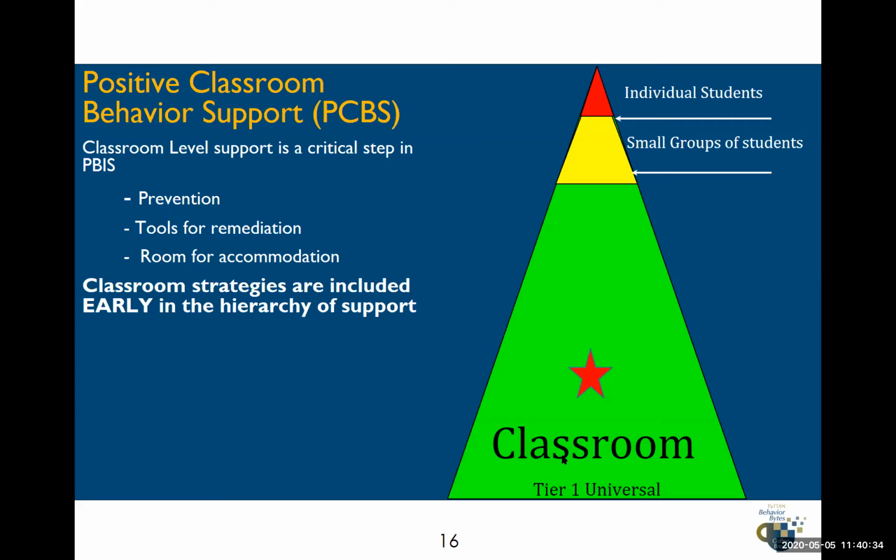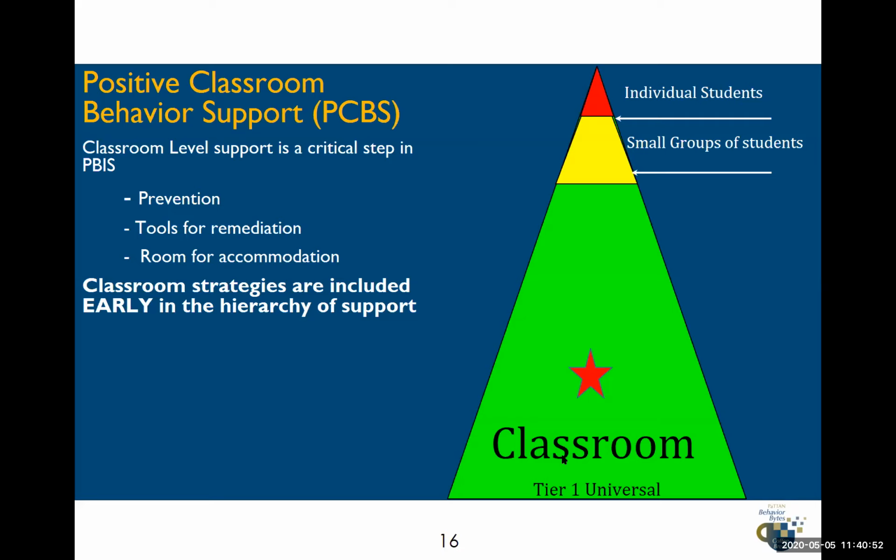So as we think about the classroom system and the fact that your classroom management plan is a tier 1 practice, if you know anything about the triangle, we typically say that roughly 80% of your students should respond to your tier 1. The same is true for your classroom management plan.